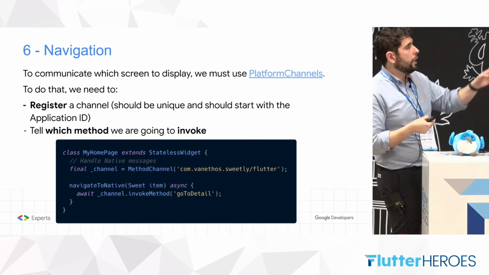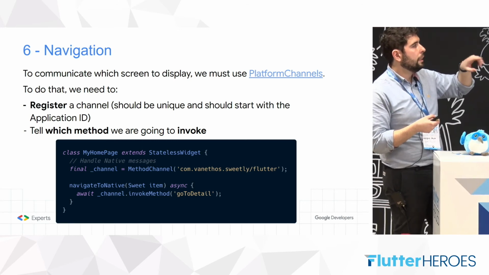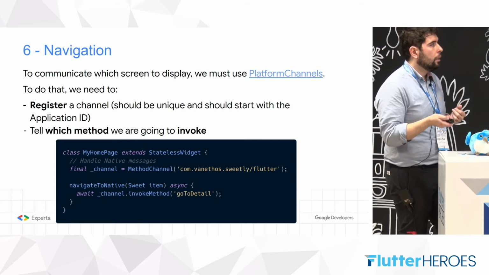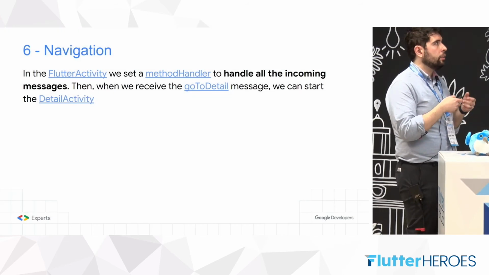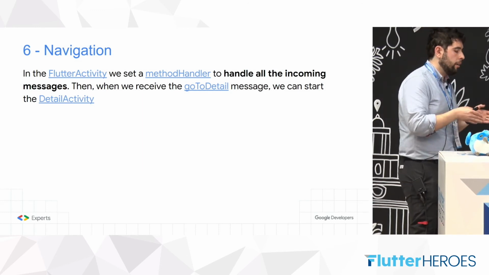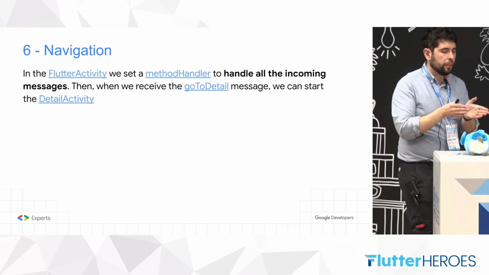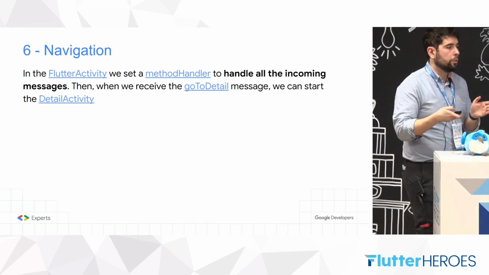In the case here, I create a new channel, which is going to be com.vanetos.sweetly/Flutter, and then I invoke a method called goToDetail. What does this do? Well, this will basically tell my Flutter code, hey, in the channel I'm listening to, I have a goToDetail call that I will need to handle.